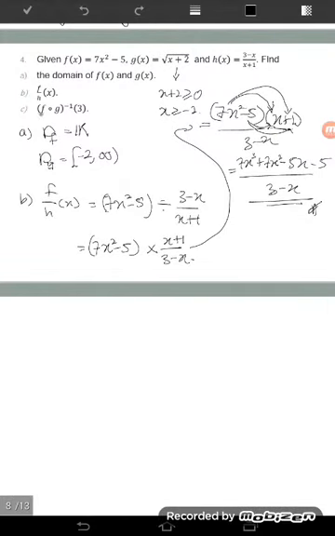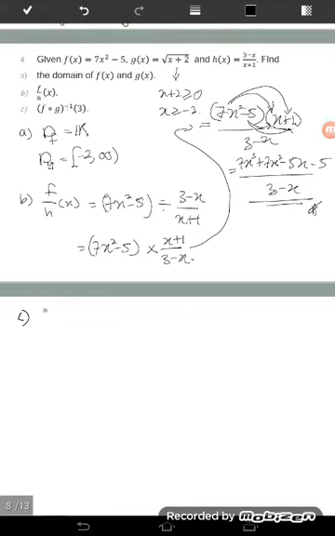So for C, first we need to find the composite function of f and g, and then we find the inverse and substitute x with 3.